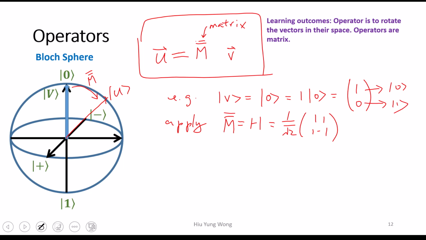Let's try to see what it is. So M operating on V equals H operating on V, equal to 1 over square root 2, [1, 1; 1, negative 1] times [1, 0]. Do you agree? Take a look at this one. I'm just substituting H by this and V equal to [1, 0], right? If you do matrix multiplication, what do you get for this one?